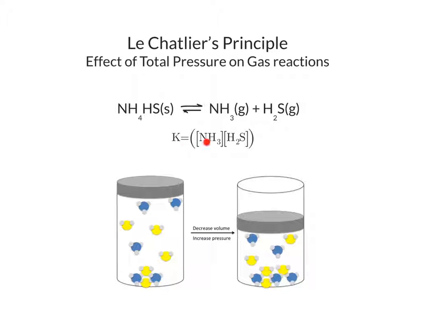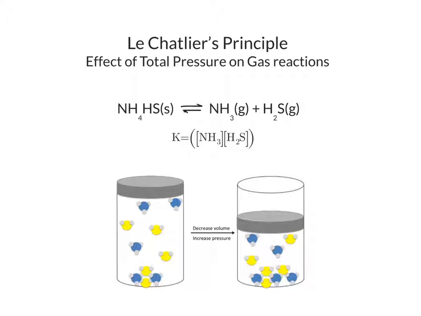The equilibrium constant for this reaction can be written in terms of the concentration or the pressure of ammonia and the pressure of H2S. And the ammonium bisulfide does not need to be included in our equilibrium constant because it's a pure solid and its activity is equal to 1. So the equilibrium constant in terms of concentrations is the ammonia concentration times the H2S concentration.